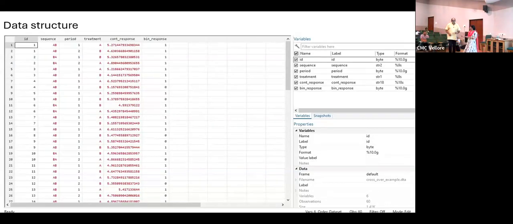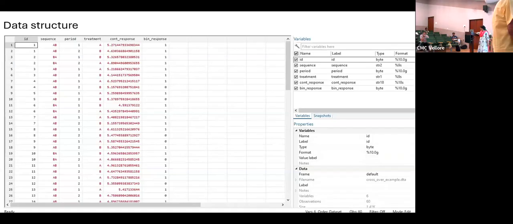So what you have is time here. You have time 0, you have time when you measure at T1, and then you measure T2. So somebody enters the study here, time 0, and they are assigned to sequence AB.